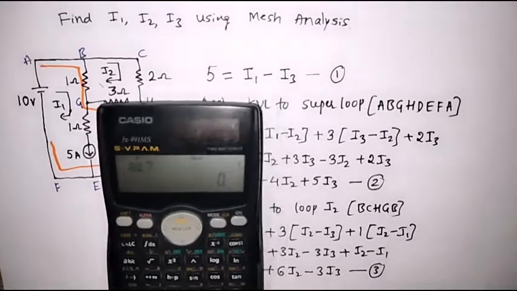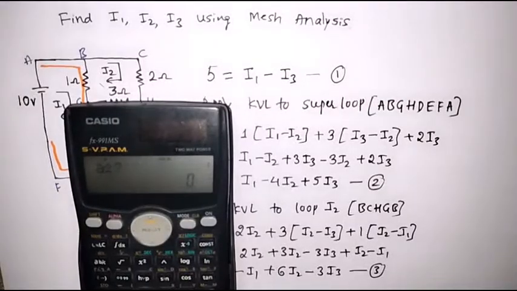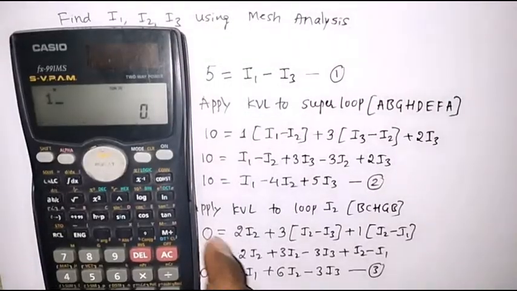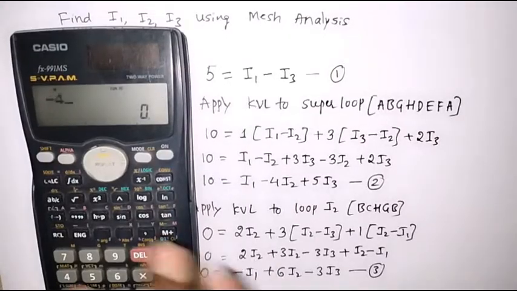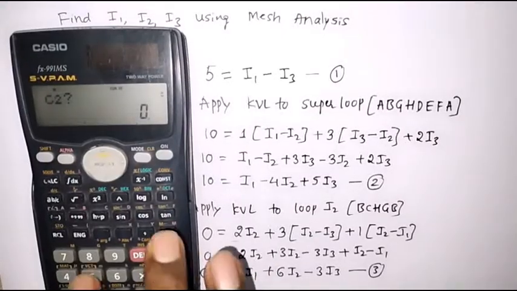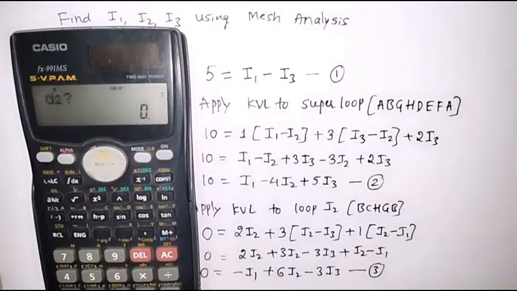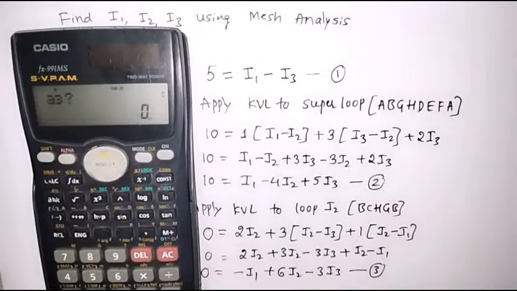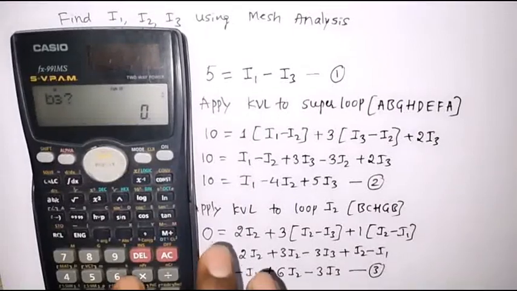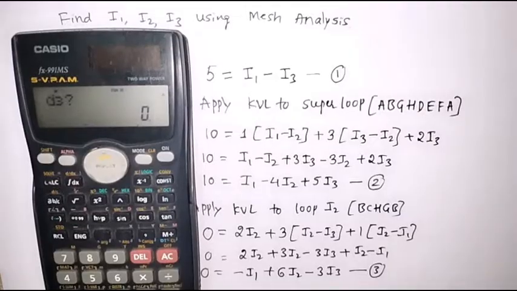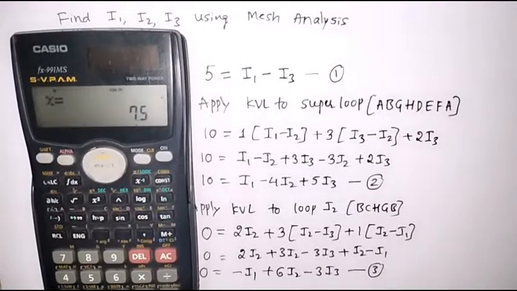In the second equation, coefficient of I1 is 1, coefficient of I2 is minus 4, coefficient of I3 is 5, voltage value is 10. In the third equation, coefficient of I1 is minus 1, I2 is 6, I3 is minus 3, and voltage value is 0.